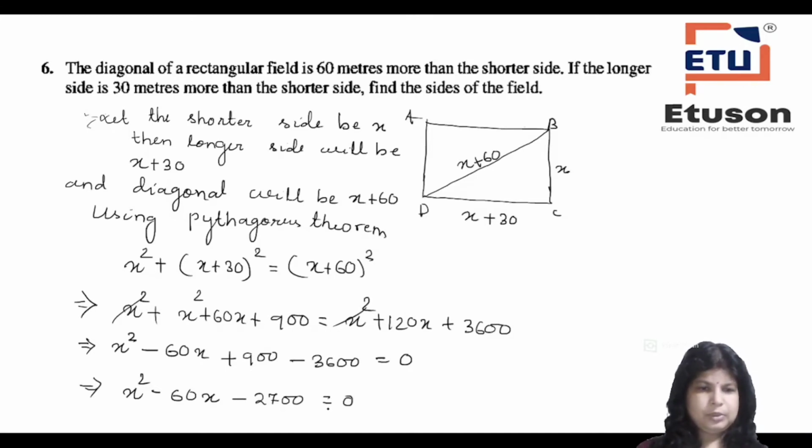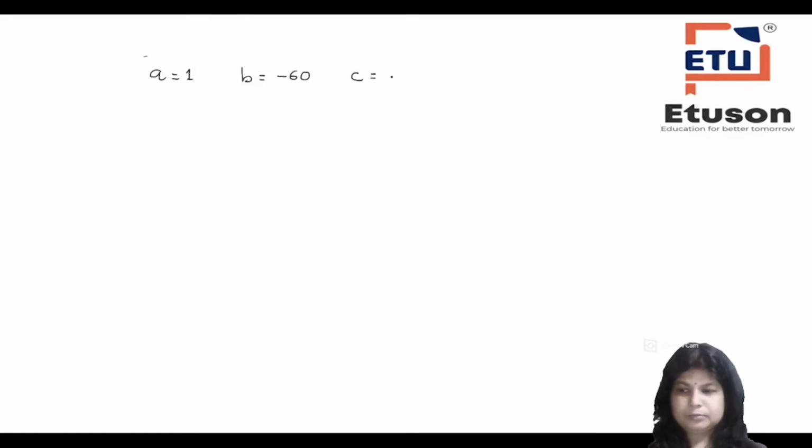Because it is a bigger number, let us use our quadratic formula to solve this equation. So here you have a is equal to 1, b is equal to minus 60 and c is equal to minus 2700, correct or not?